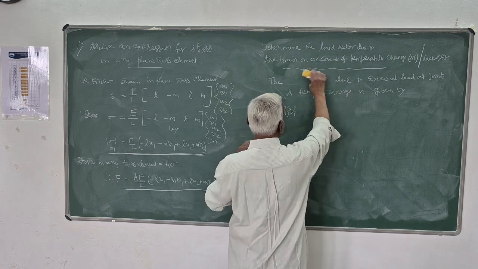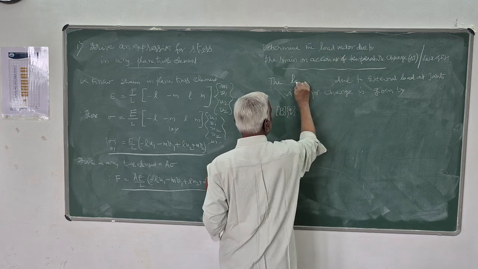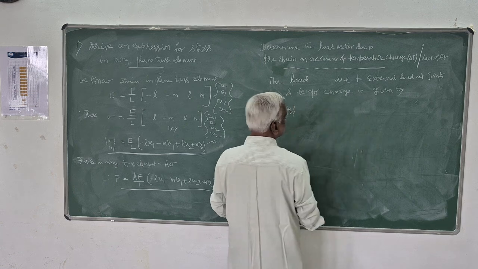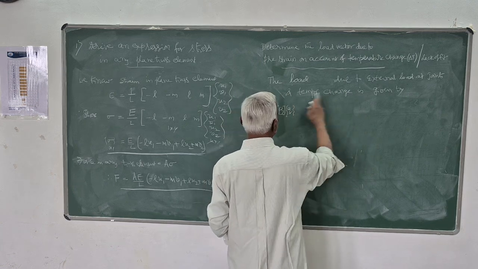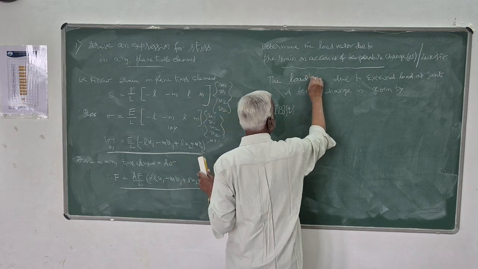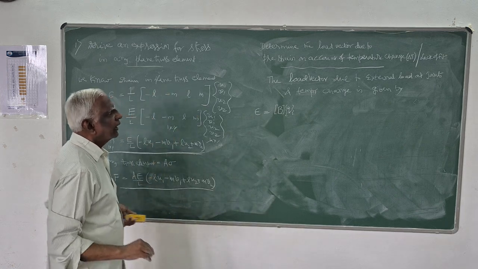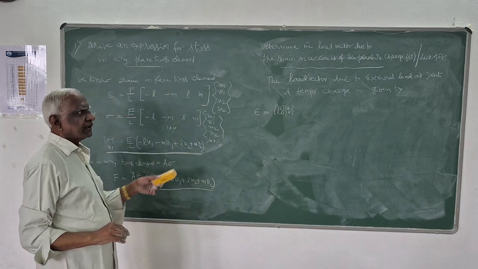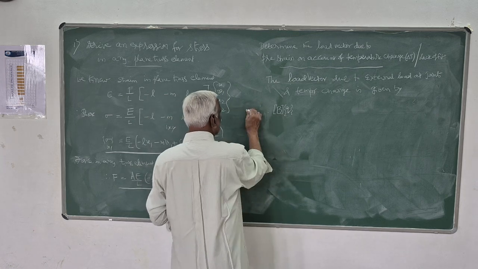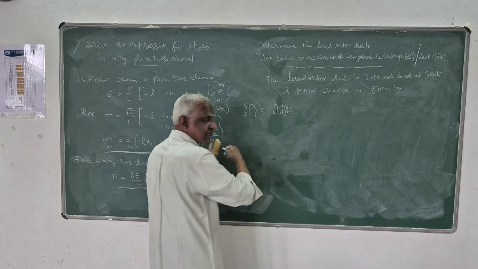The stress or the load due to external load at joints and temperature change, the load vector, is given by, straight away take that P vector, right hand side.